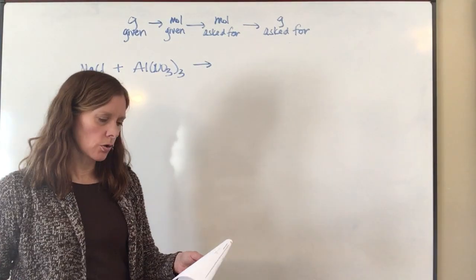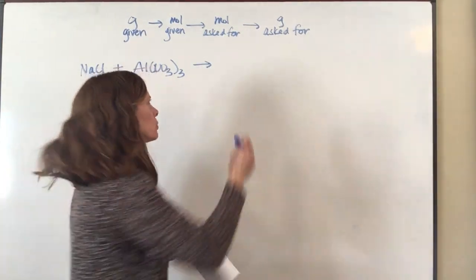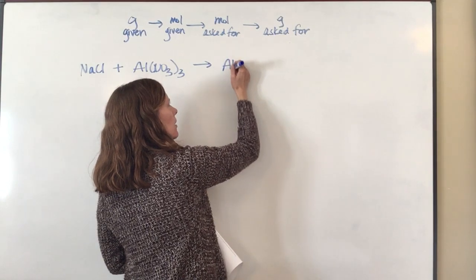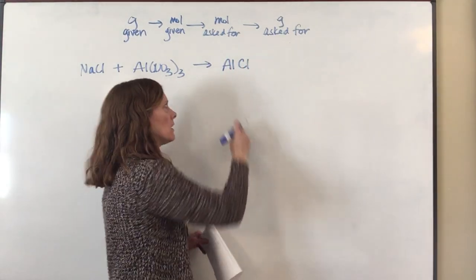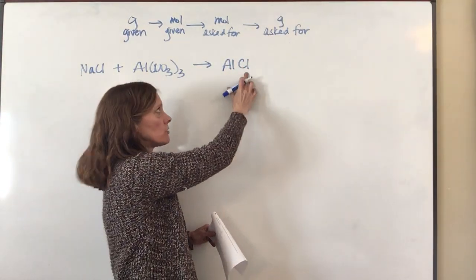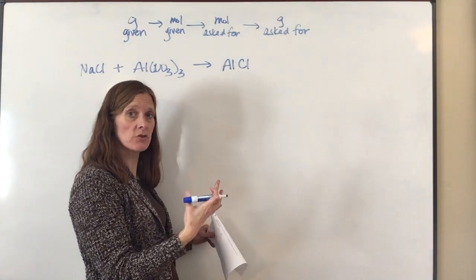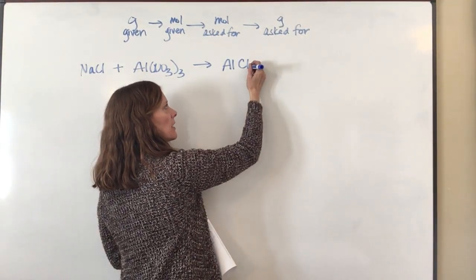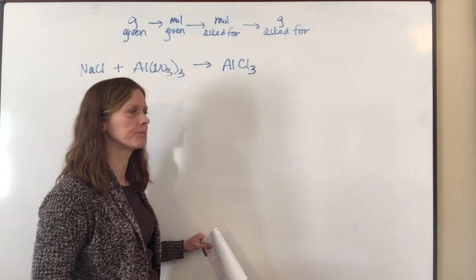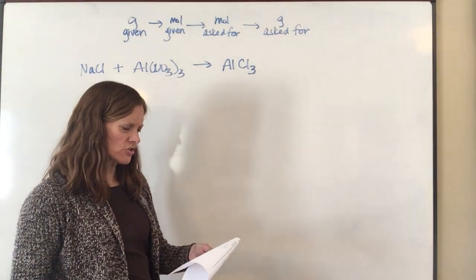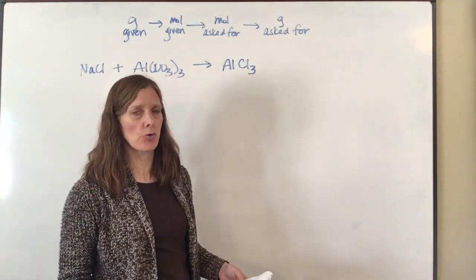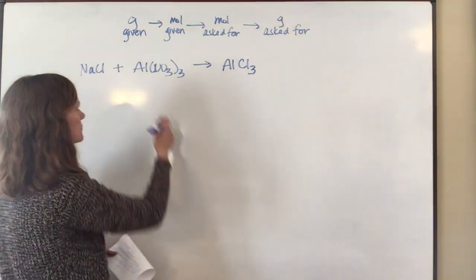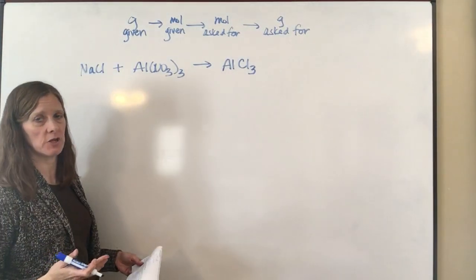And I know that he's trying to form aluminum chloride. So Al and Cl, aluminum has a +3 charge, chlorine has a -1 charge, and so in order to make this compound balance, I've got to have a 3 there. The question doesn't tell us what else is formed, but we know there has to be something else because I haven't used up everything from the other side.